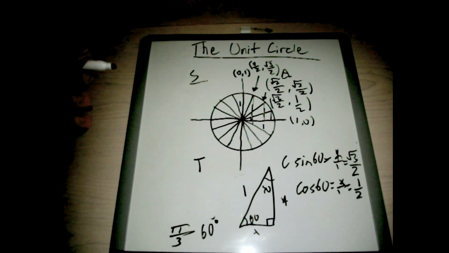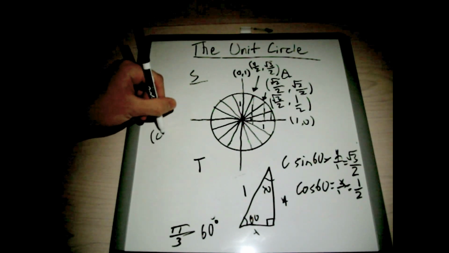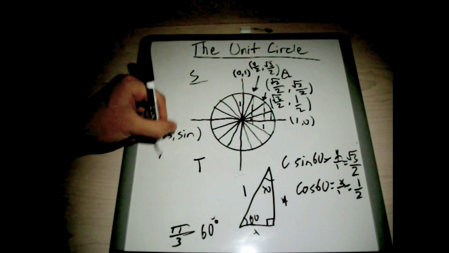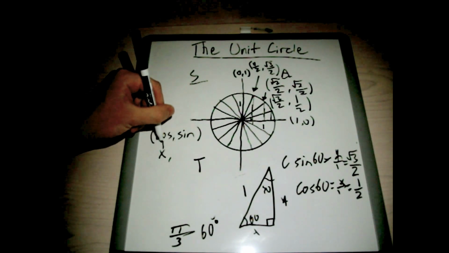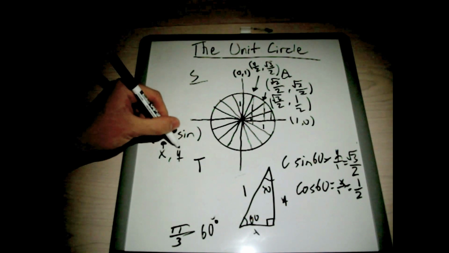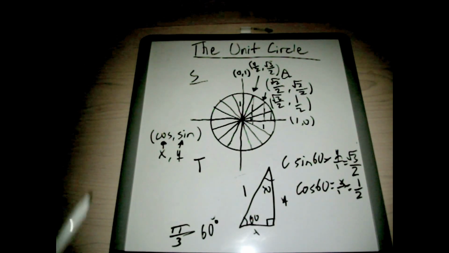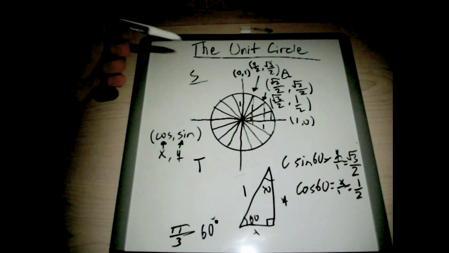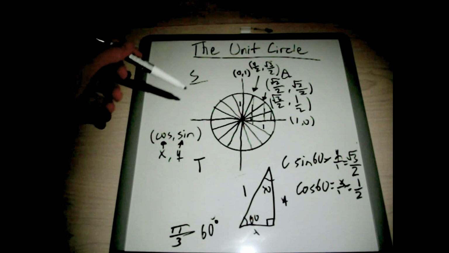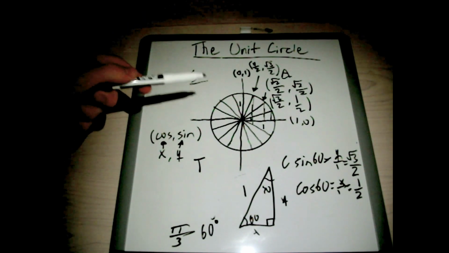And the way you relate sine to this is that every point is going to be cosine, sine. So that means that x is always related to cosine, and then the y is always related to sine. And this is for the unit circle. So knowing that, all your x values will be negative, but the y's will stay the same.